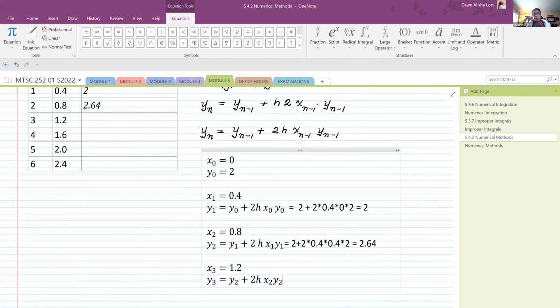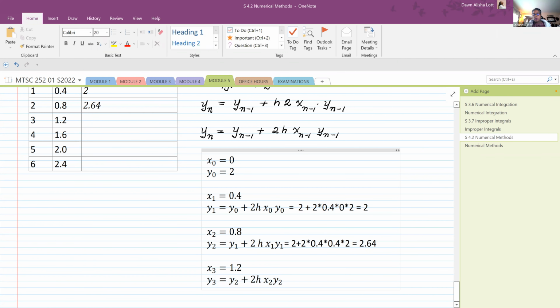Okay. y2 is 2.64 plus 2 times h, which is 0.4, that doesn't change, times, now x2 is 0.8, and y2 is 2.64.